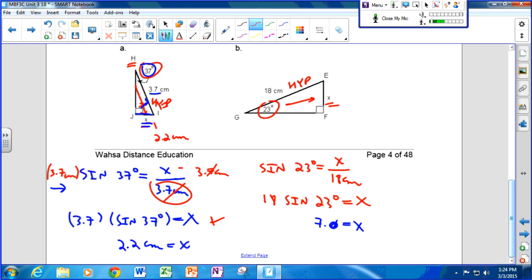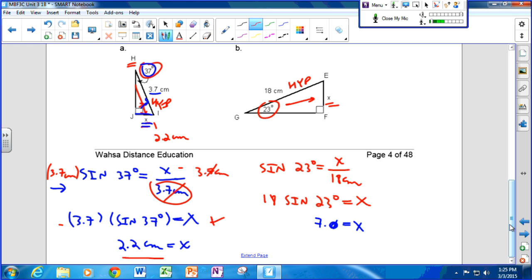If I seem like I'm going through this really fast, you should probably look at the tape from yesterday or the video on the WASA archive or on YouTube. I haven't put it up yet, but I'll put it up. Then you'll be able to follow along with yesterday, where I'm going maybe a little slower. So we have 3.7 times sine of 37, and you just work that out on the left side, and boom, 2.2 centimeters. That's your length of x.